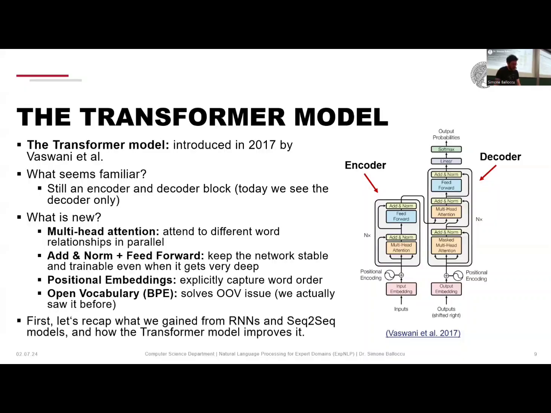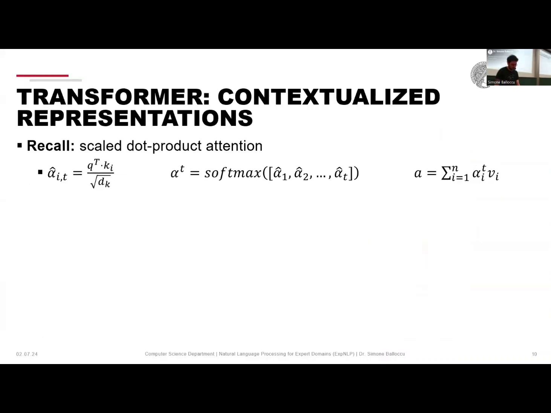But first, let's see what we gained from the seq-to-seq models and RNNs, and how we can improve it with the transformer. We need a lot of recall today to understand how we scale it. So remember this slide, this is the scaled dot product attention. We computed the dot product between the queries and the keys, scaled by the dimension of the decoder.